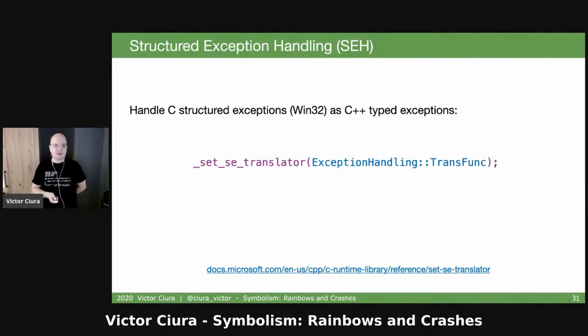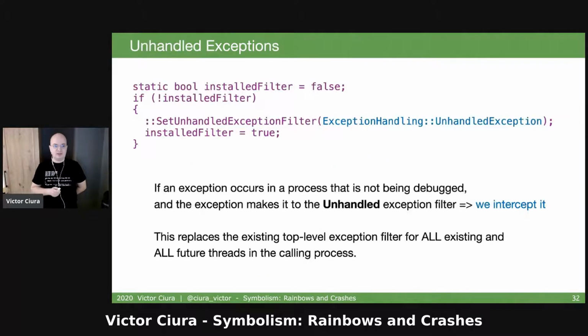Again, links, you can read more if you like. So there's an API to set an unhandled exception filter. Again, this is very useful. You might think you got all the exceptions, but there might be places where an exception escapes unhandled.